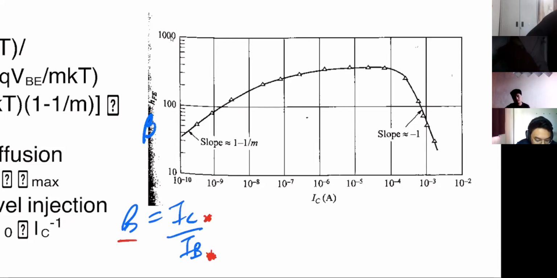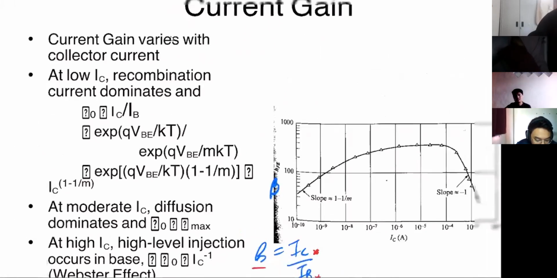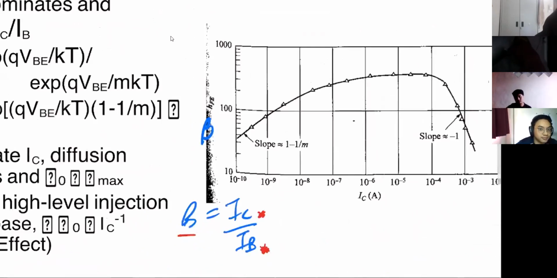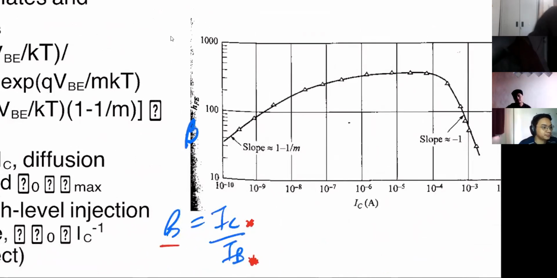We assume IB to be constant. We don't change anything on the IB. Therefore, for the particular IC, beta should be constant.